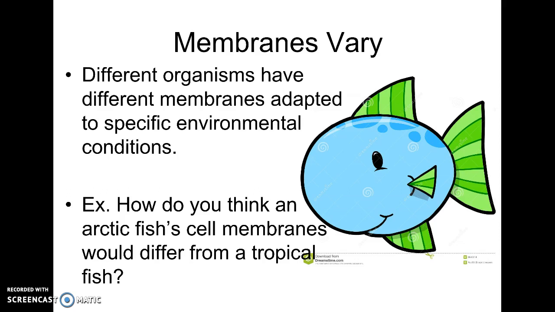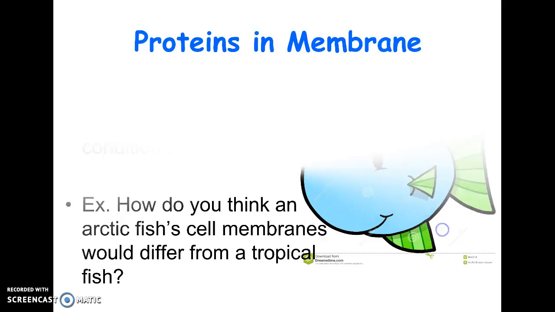You may also find plants that live in colder environments have more unsaturated fatty acids, like polyunsaturated fatty acids, because that's going to keep them more fluid when the temperatures drop. So this is why not all organisms have the same amount of cholesterol or fatty acids, because their membrane structures vary depending on where they live.